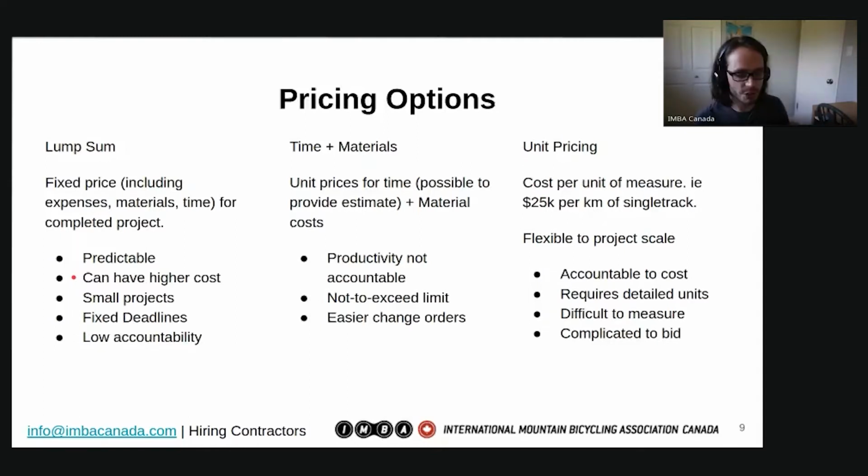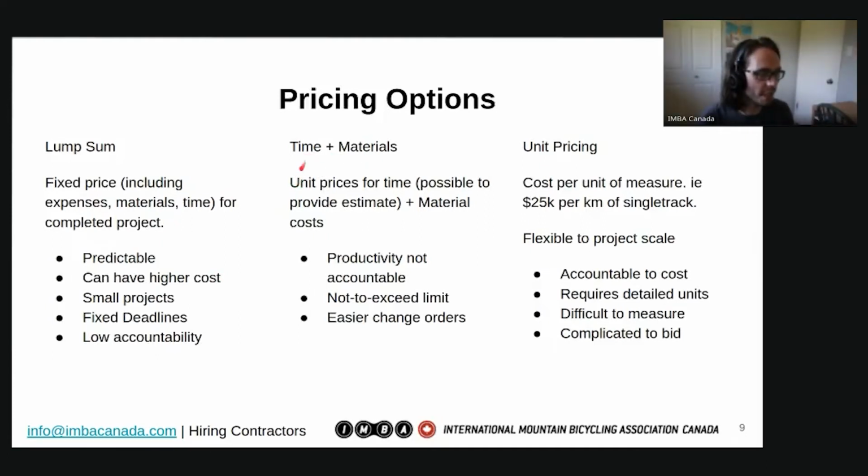So it's good for small projects with fixed deadlines, but because we're just saying this costs this amount, there's low accountability in terms of the cost. We're evaluating the final product, of course, but there's no opportunity to measure, well, how much did it actually cost you to build all of these things? So if we're looking for accountability in the final outcome, the lump sum isn't the best choice.